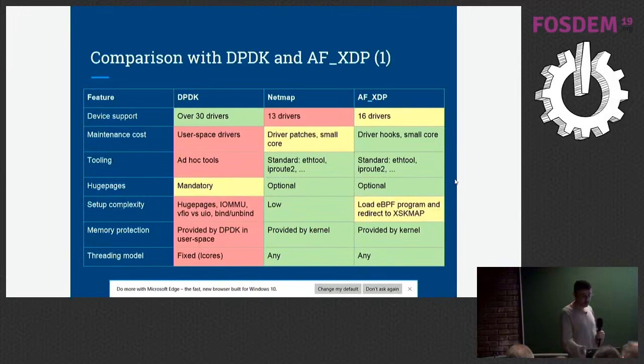Also, the threading model is a little bit more flexible, because with DPDK you have lcores, so you write your code, and your code is run in the context of a DPDK callback on a core. While with Netmap and AF_XDP, you can open AF_XDP sockets or Netmap ports wherever you wish, and run your packet processing code in any thread, right?